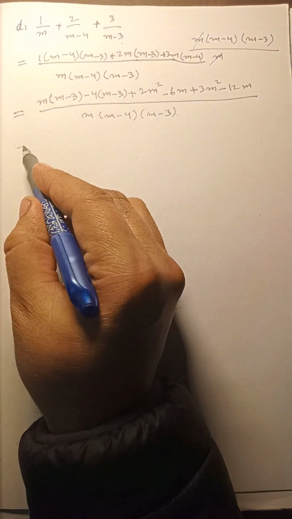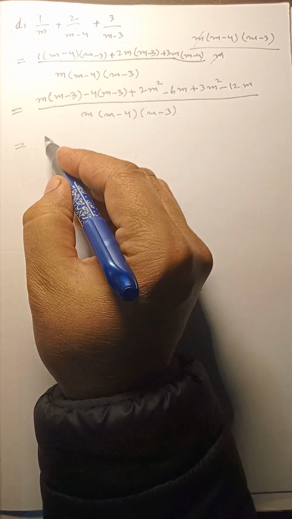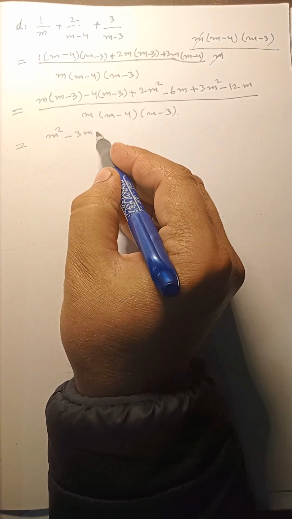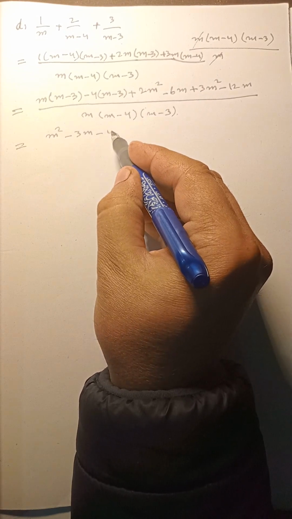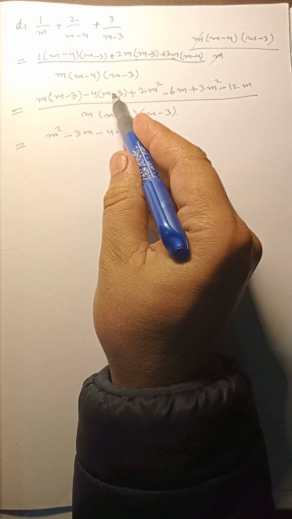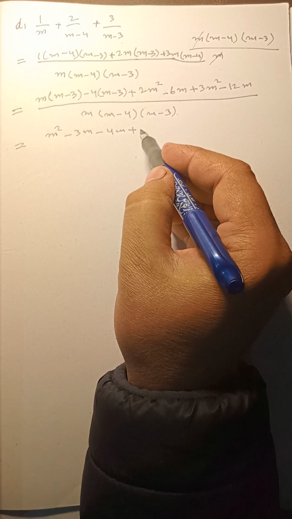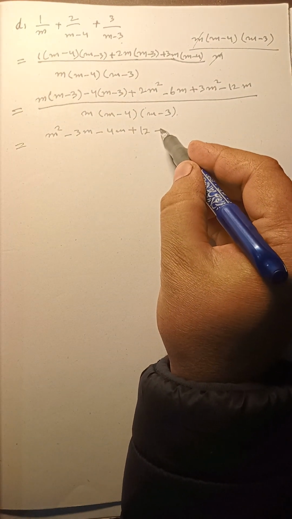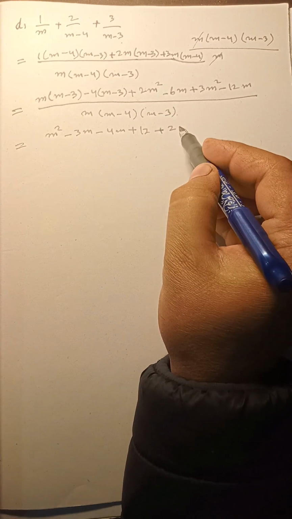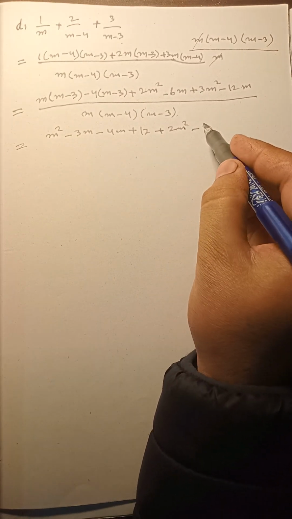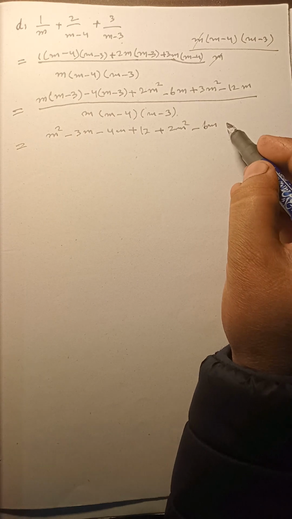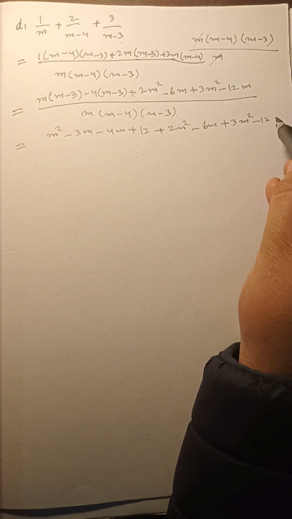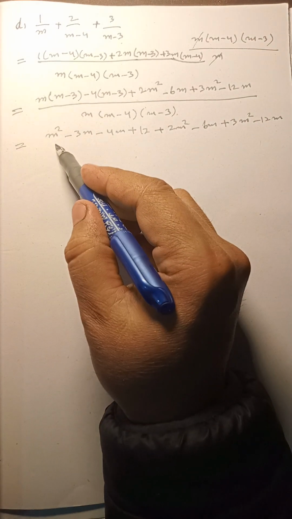Now you see here that m multiplied by m square minus 3m minus 4m, due to this minus sign change the inner sign, plus 4 3 are 12. Now plus 2m square minus 6m plus 3m square minus 12m.